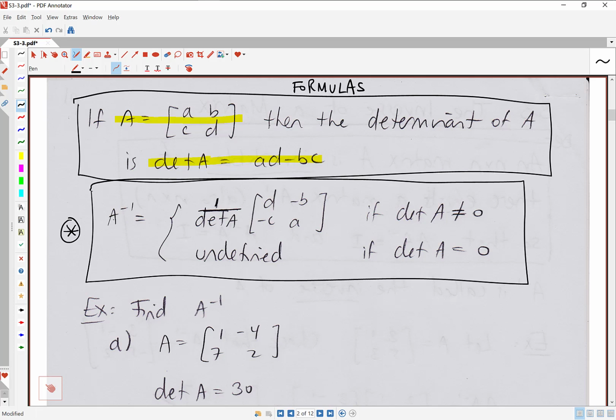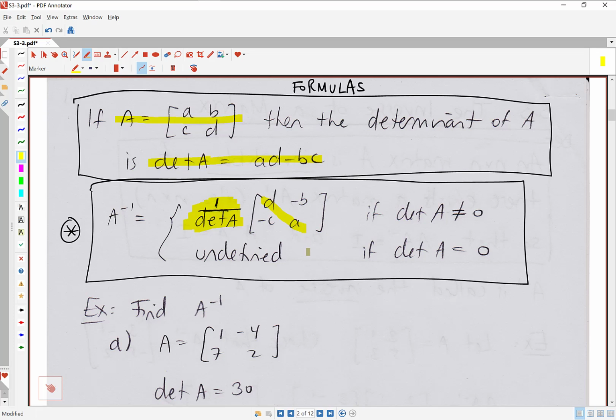We're going to look at the formula for the inverse of a 2 by 2 matrix. To calculate A inverse, we're going to go 1 over determinant of A. Determinant of A is just a number, so you're just getting 1 over determinant of A out in front of this matrix. And then the matrix itself is getting transformed.